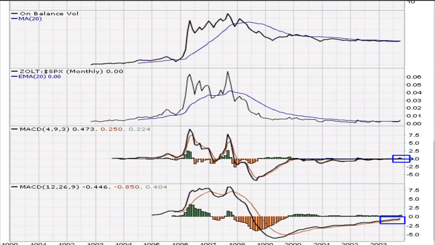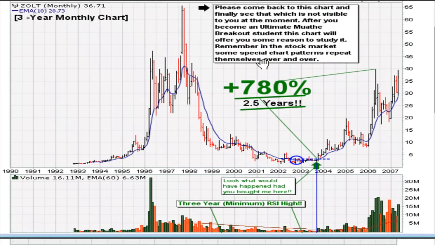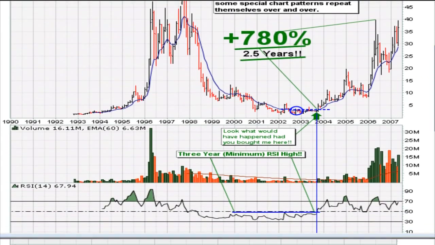Bam! And so that was the before chart. This is going back to October 2003. Let's take a look at what happens. Over the next 2.5 years, the stock would gain 780%. Why? Because we know what we are looking for. And the stock would explode. Let me show you the RSI. So our buy point was here.